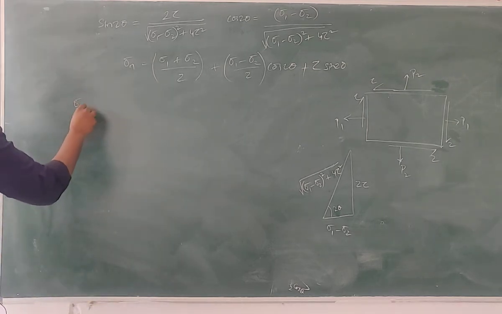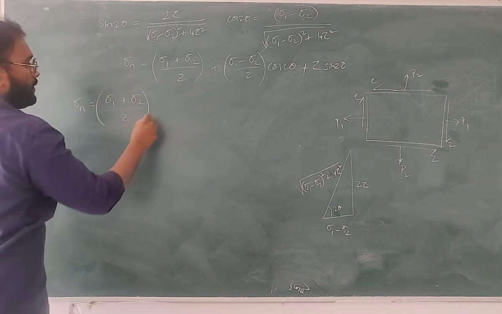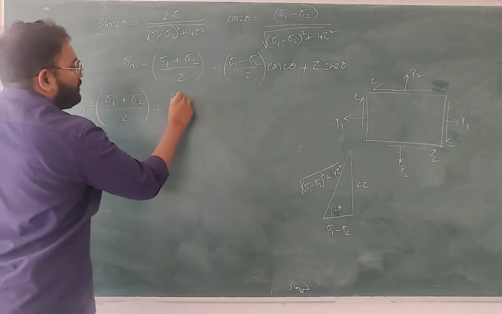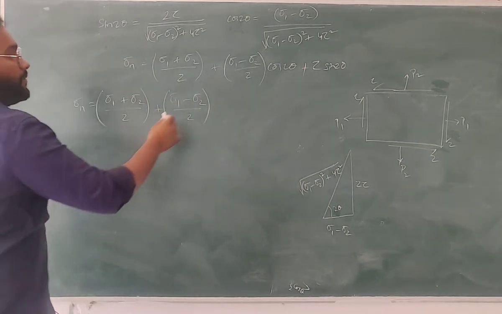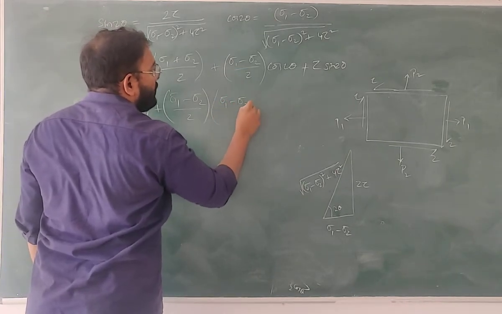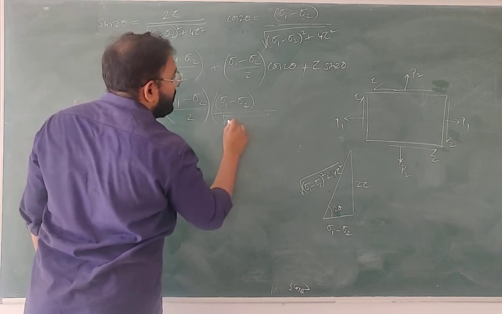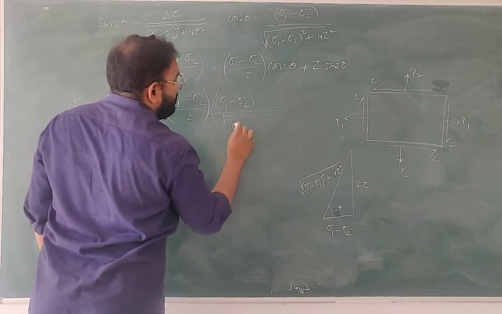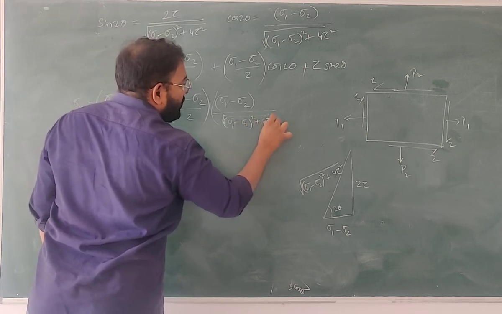Sigma n is equal to sigma 1 plus sigma 2 by 2 plus sigma 1 minus sigma 2 by 2 into cos 2 theta. This is the value of cos 2 theta: sigma 1 minus sigma 2 divided by under root of (sigma 1 minus sigma 2) square plus 4 tau square.